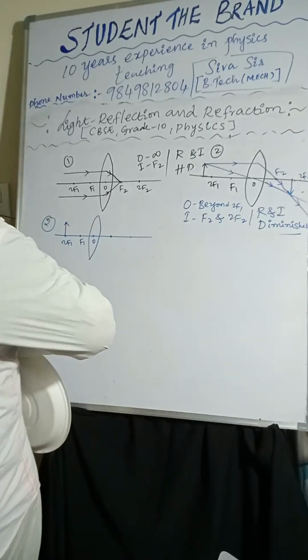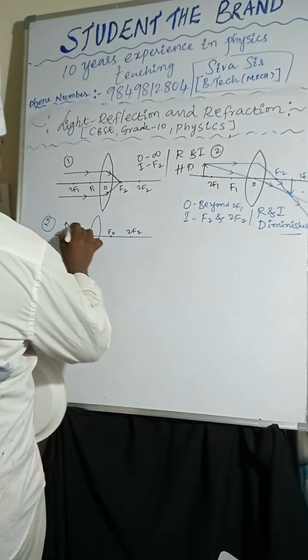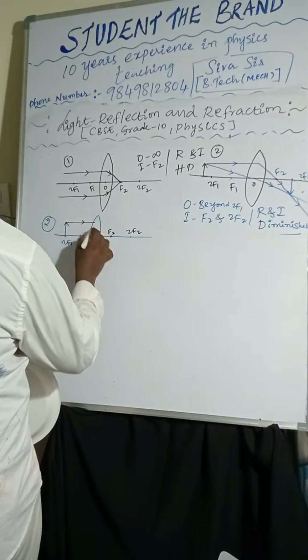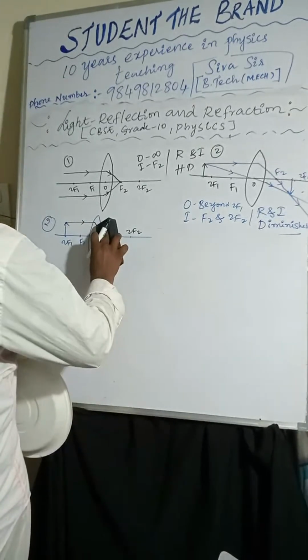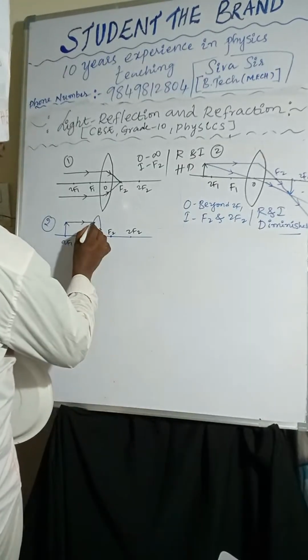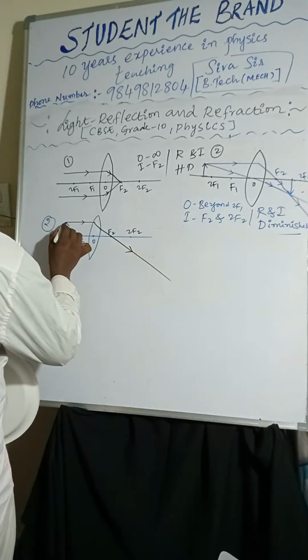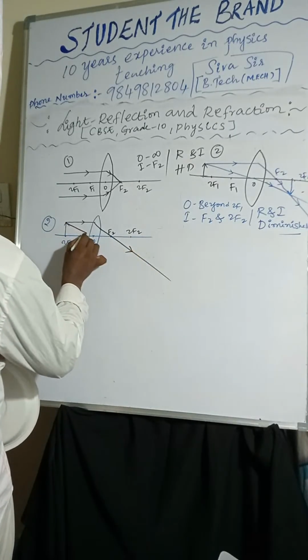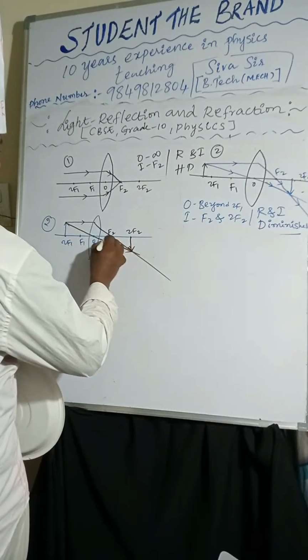One light ray I am taking like this, it passes through the focus. Another light ray I am taking through the optic center. Both will meet here.